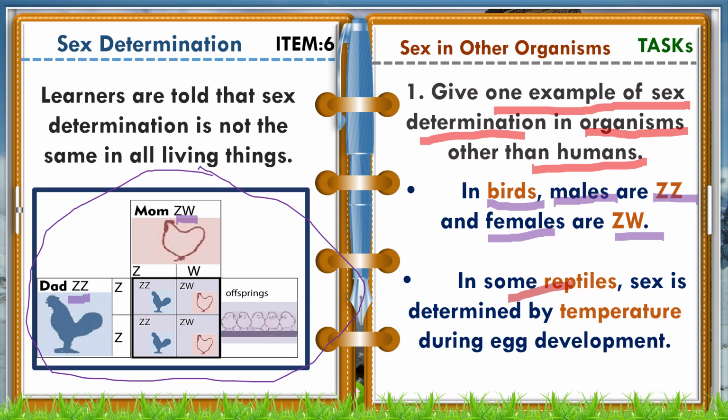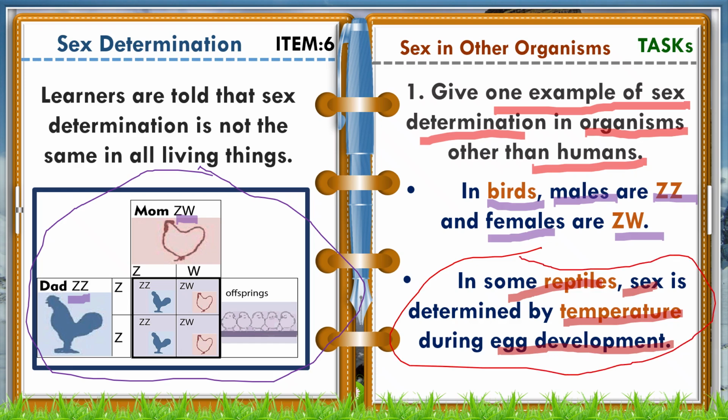In some reptiles, sex is determined by temperature during egg development. So when you come to the reptiles, it is the temperature during which the egg develops that determines the sex in some of the reptiles.